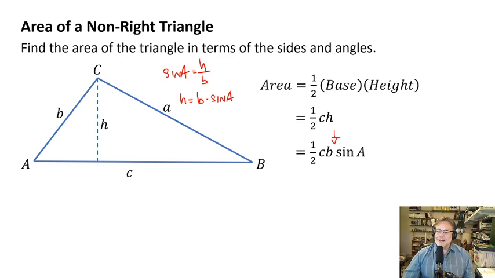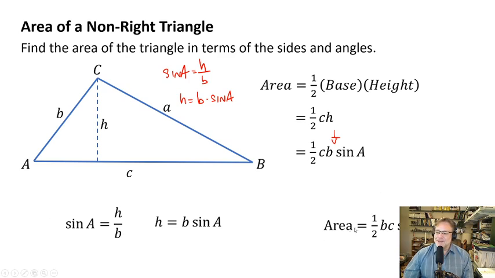So now, notice, we can find the area of this triangle without using H. We use C and B, these two sides, times the sine of A. And there's the two formulas that I was talking about. So we have this formula, area is equal to 1/2 BC times the sine of A. Now that just came from drawing my altitude this way, the height this way.